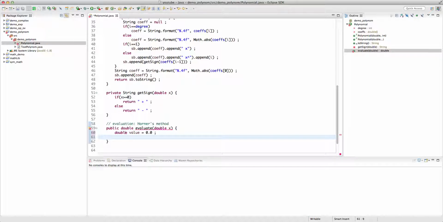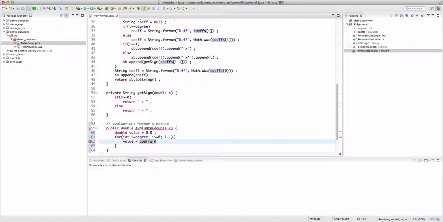And then this is going to be the result, and then for int i equals degree, i greater than or equal to 0, i minus minus, what we are going to do is we are going to say value equals, based on the recursive way of writing this down, at each step we are going to take the value, or basically coefs at point i, or i minus 1, plus the value, our result, times coefs at i.